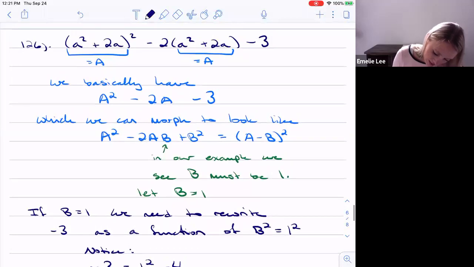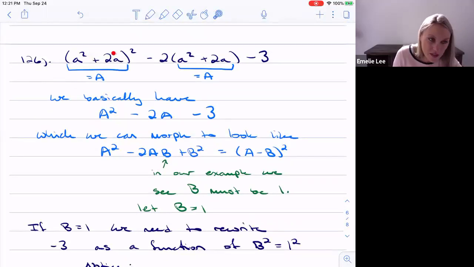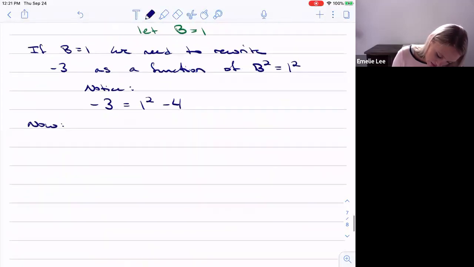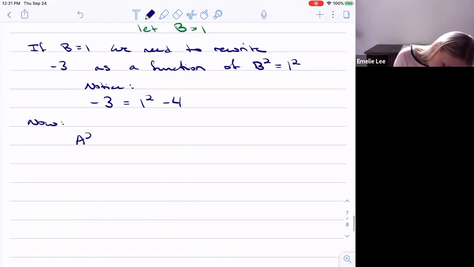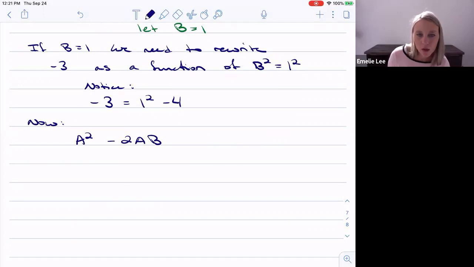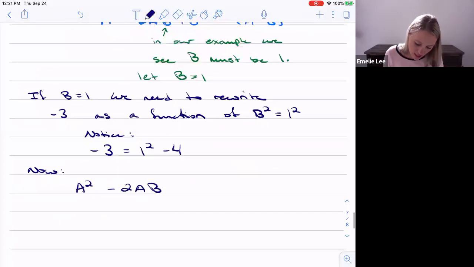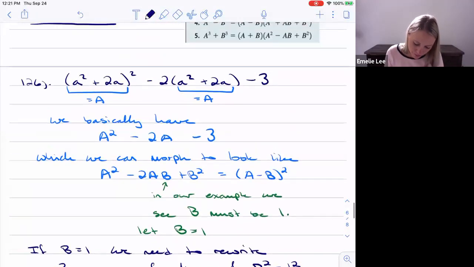I'm just looking at whether I should use the big nasties or just stick to the a's for a little bit. I think I'll keep the a's. So now I have a squared minus 2ab. Oh, so how did we know that b has to be 1? Okay.